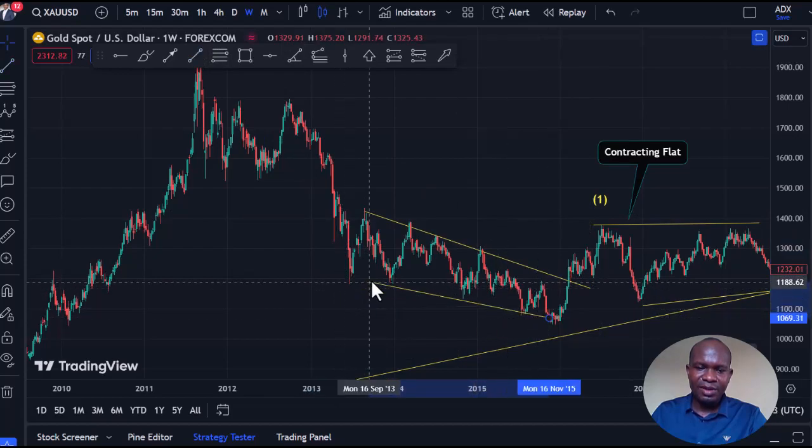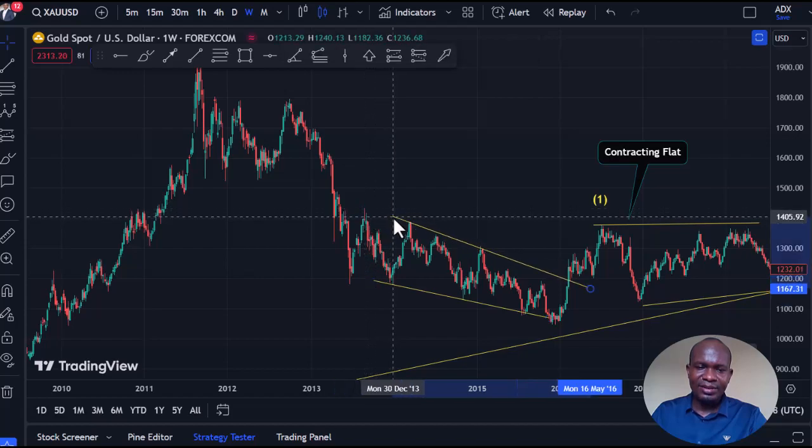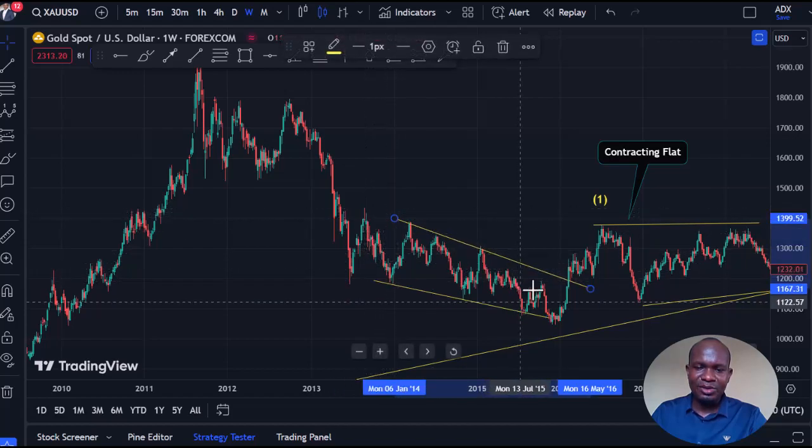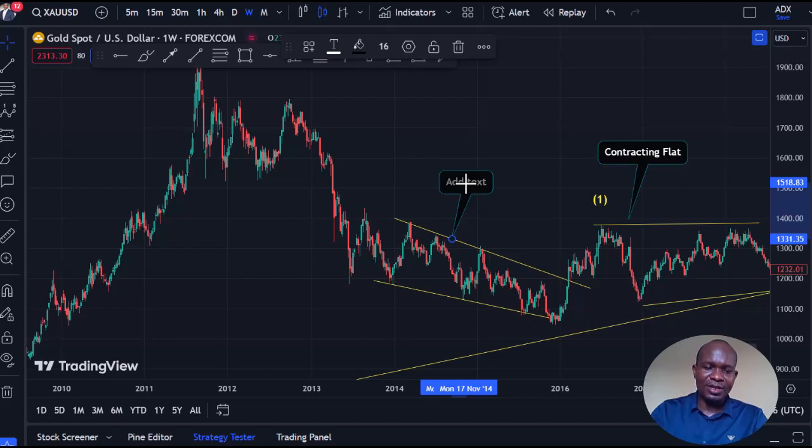This should start from here. So this is an ending diagonal: impulse, correction, impulse, correction, impulse. Let's label it just for learning purposes, because the market has gone way past this. So we have an ending diagonal.